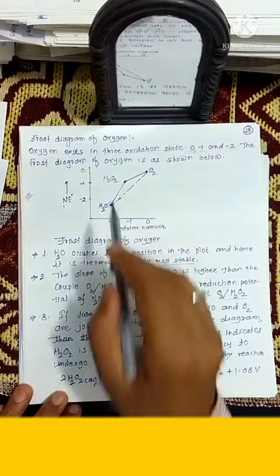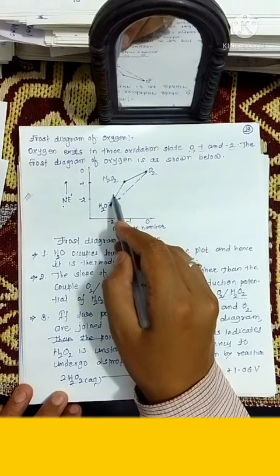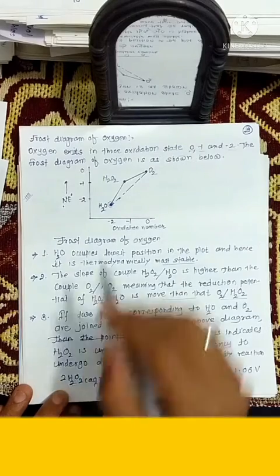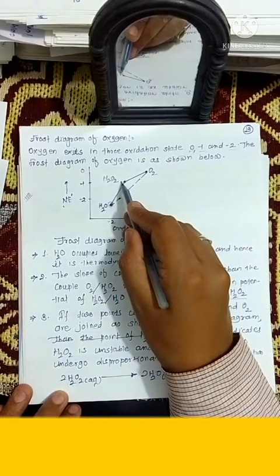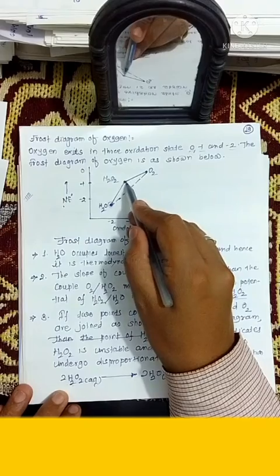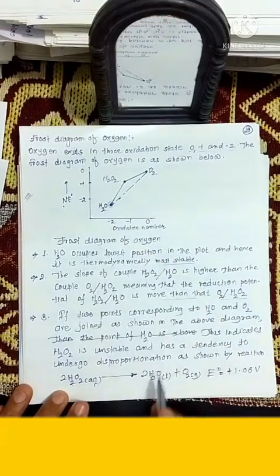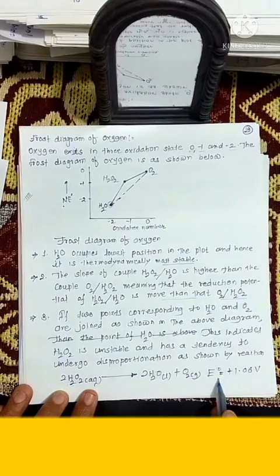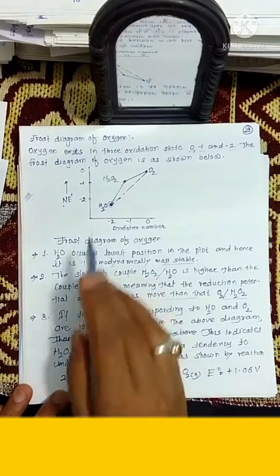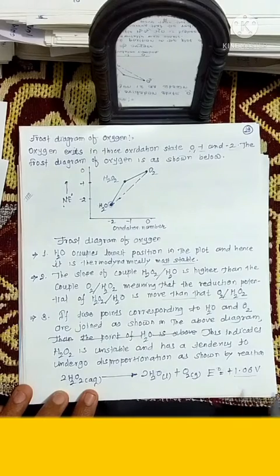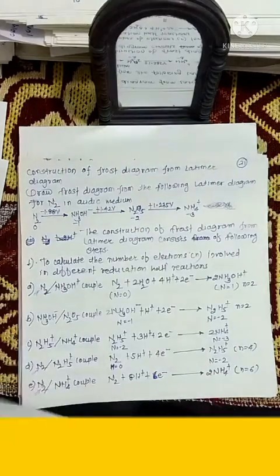H2O2 disproportionates at room temperature like this, decomposing into oxygen and water. The reduction potential for this reaction is 1.06 volt.